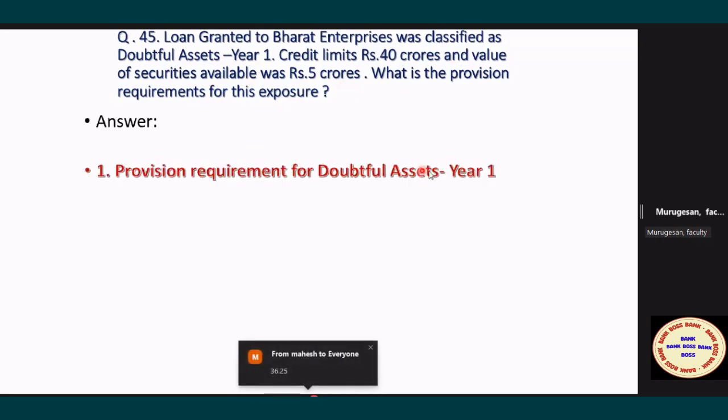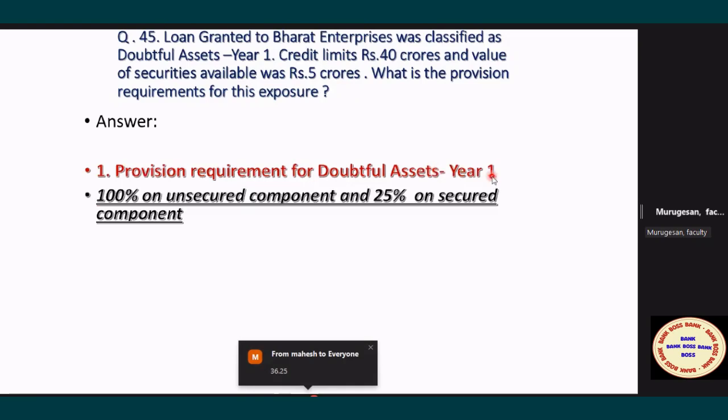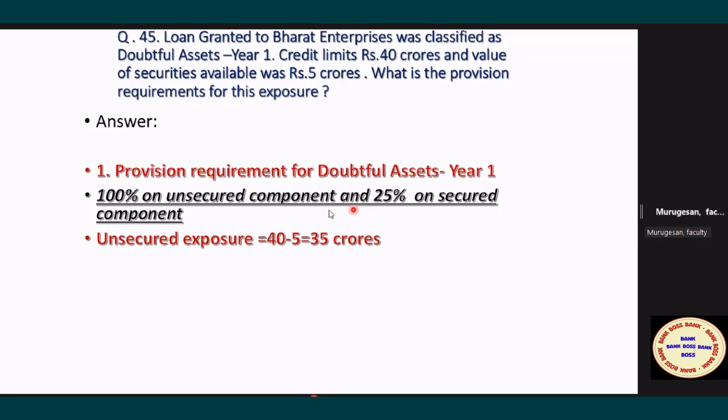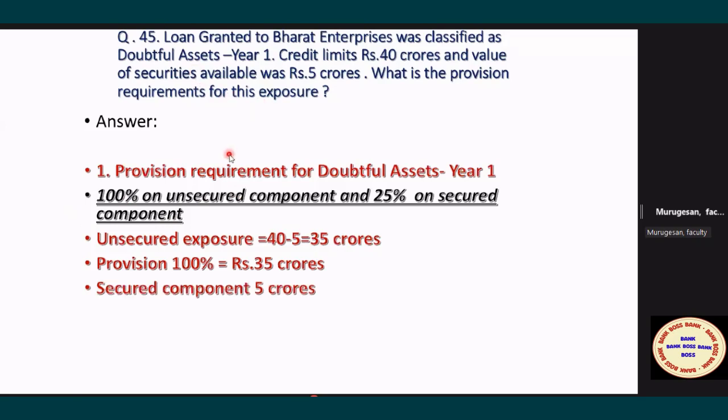The provision requirement for doubtful year 1, the rule you remember: 25% on the secured component, 100% on the entire unsecured. Agreed? Okay, now we'll calculate.